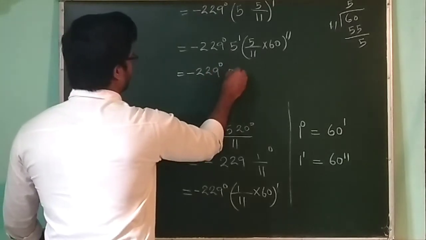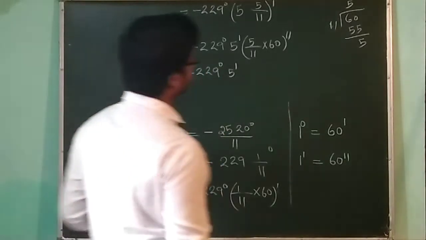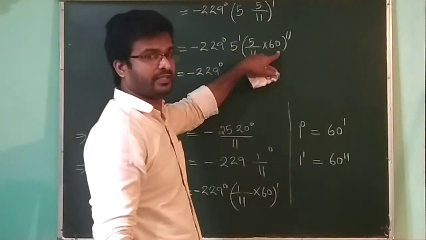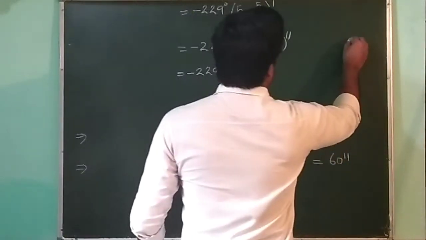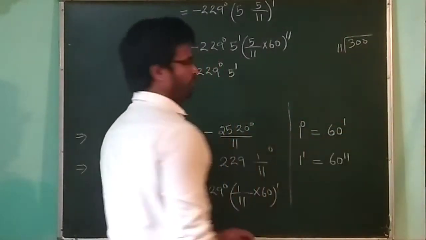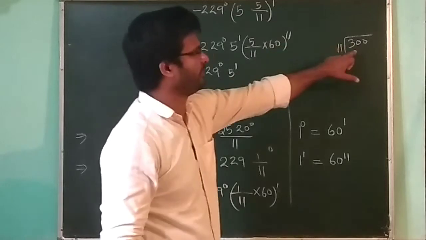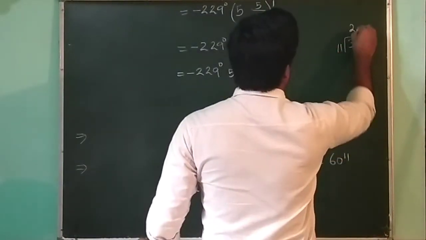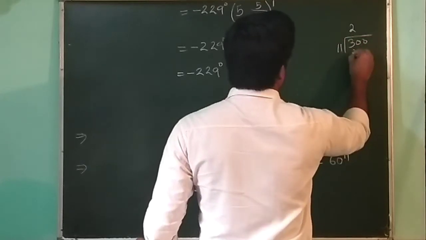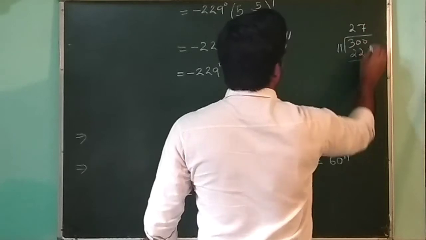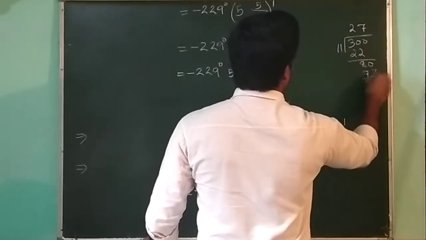229 degree 5 minute. 5 into 60 is 300, isn't it? Then 300 divided by 11. I am going to do directly: 5 into 60 we got 300, then divide by 11. In 30, 2 times; 2 into 11 is 22, then 80, in 80 7 times 77, then 3.